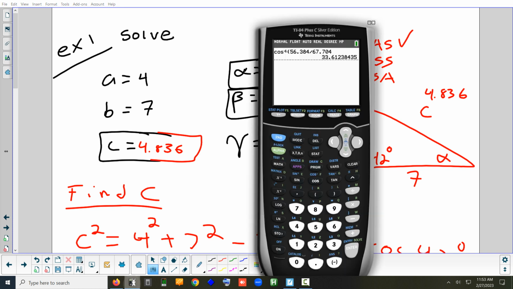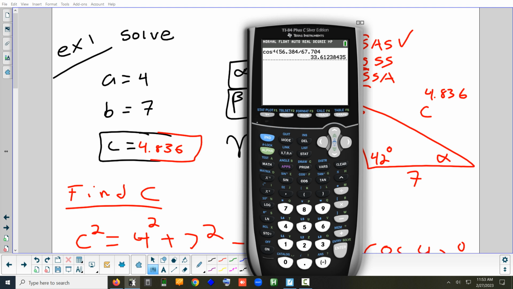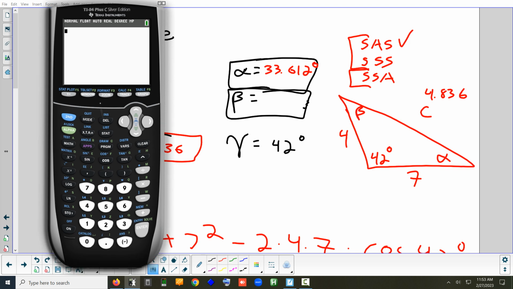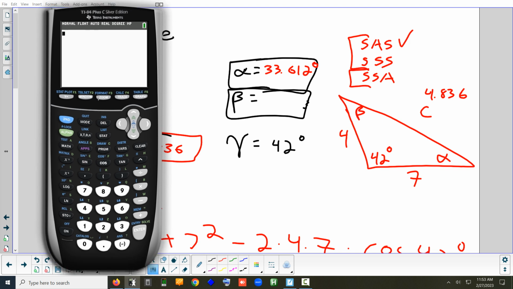And now, we've already used things we've calculated to calculate other things, so at this point, we might as well just keep going with that. How can I get beta relatively quick?